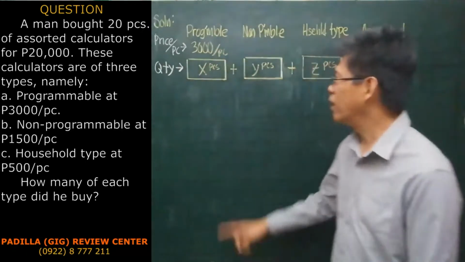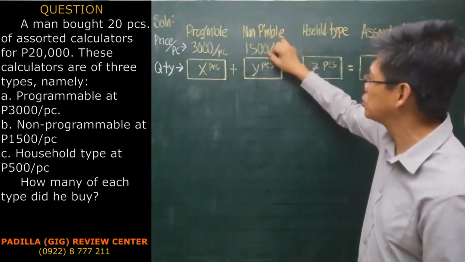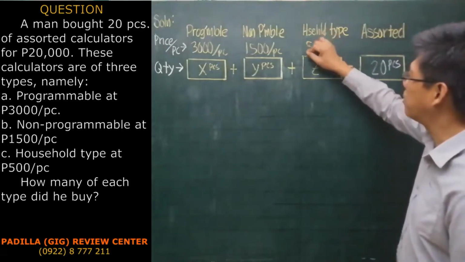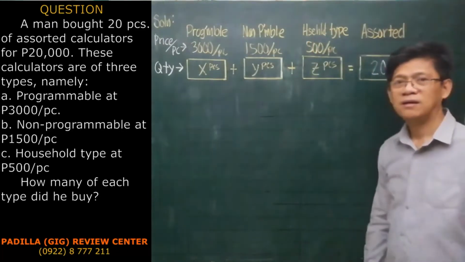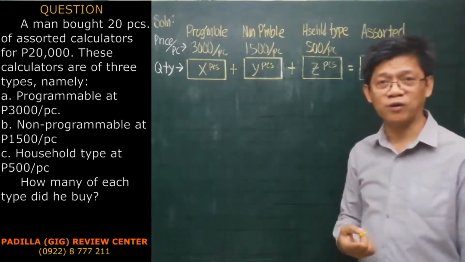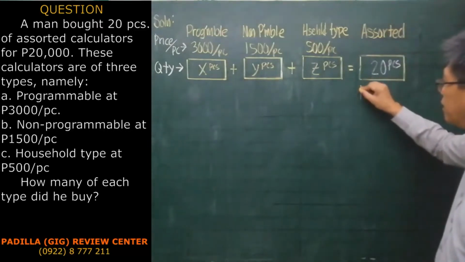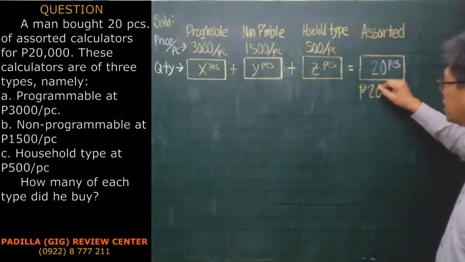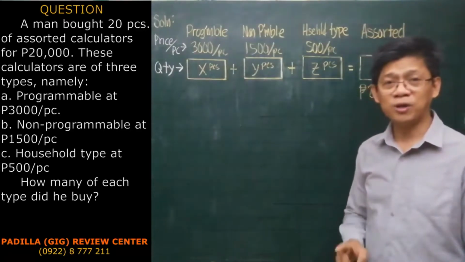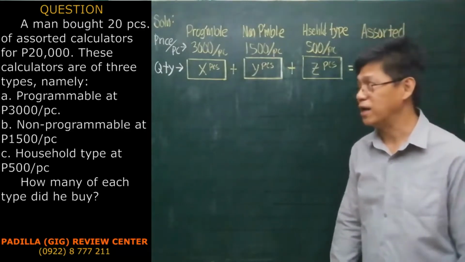It's the same. While this one, it says 1,500 pesos per piece, while this one is 500 per piece. Now, according to the problem, he paid all in all for these assorted calculators, 20 pieces, 20,000 pesos.